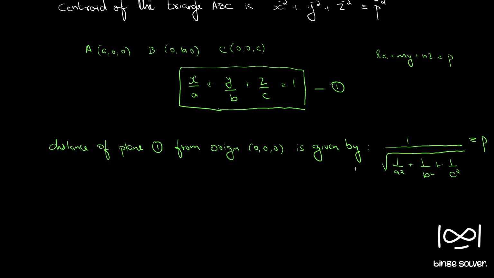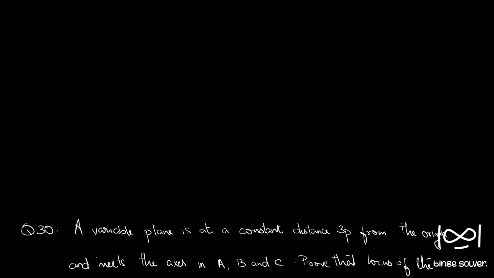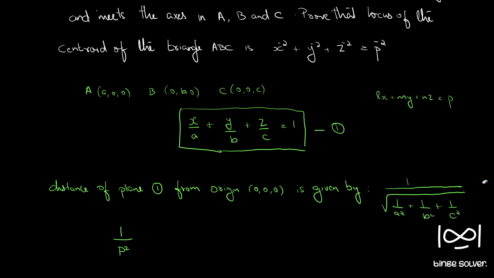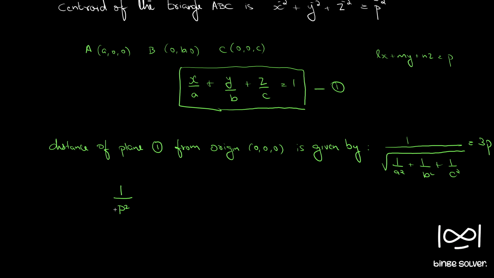Let this be p. That means if you invert and square it, we have 1 by p square. But it is given as 3p, not p. The distance is given as 3p. So inverse and square, we have 1 by 9p square is equal to 1 by a square plus 1 by b square plus 1 by c square.